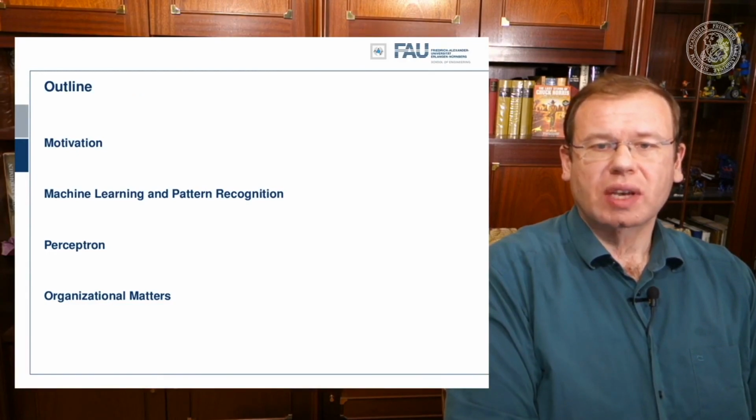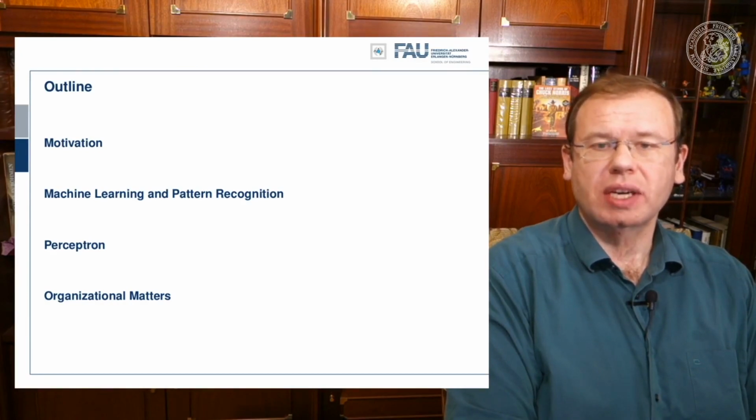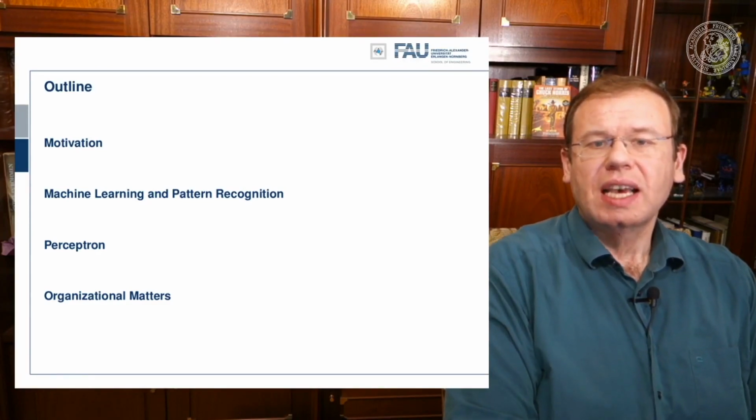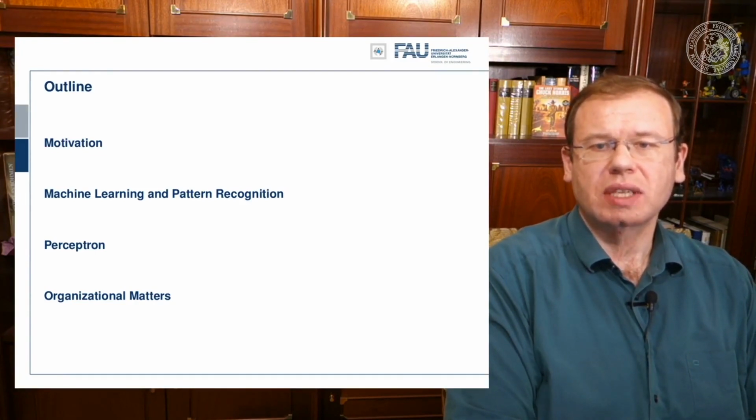Let's have a short look at the outline. So first, we'll start with a motivation and why we are interested in deep learning. We have seen tremendous progress over the last couple of years, so it will be very interesting to look into some applications and some breakthroughs that have been made. In the next videos, we want to talk about machine learning and pattern recognition and how they are related to deep learning.